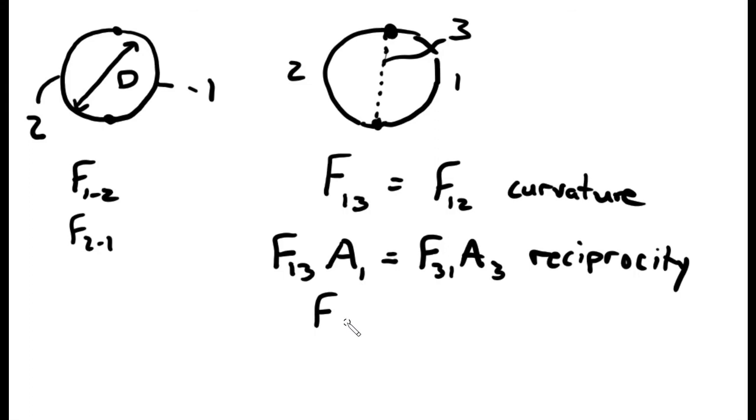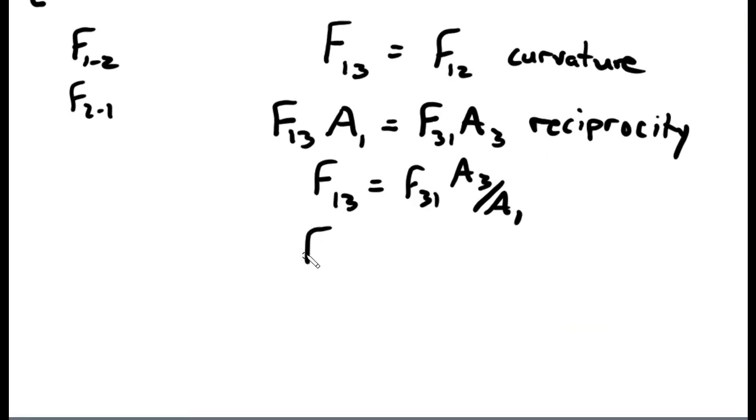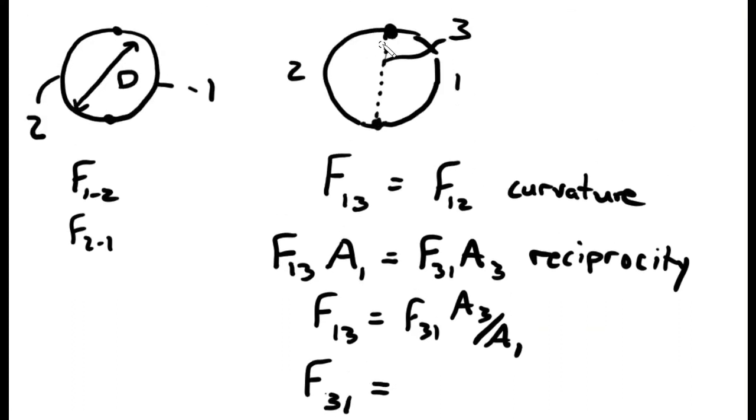Okay, so now we know that f13 equals f31 times a3 over a1. And you say, well, how does that help us? Well, let's look at f31. What would f31 be? Well, check that out. 1 entirely covers surface 3.